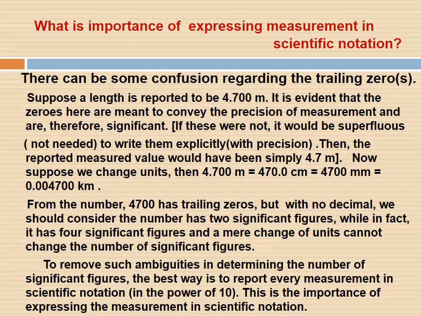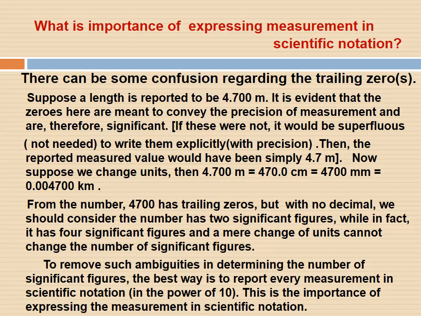We would consider the number to have two significant figures when its value is expressed in millimeter, while in fact it has four significant figures, and a mere change of units cannot change the number of significant figures.